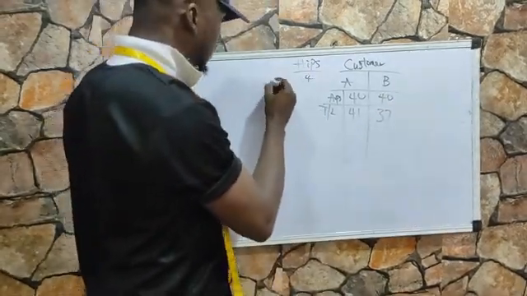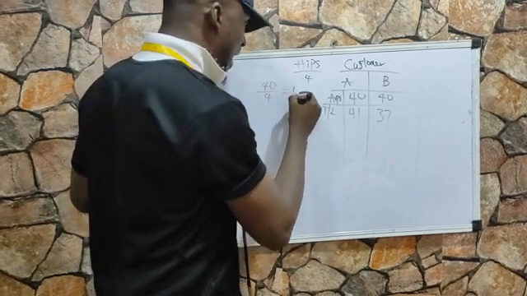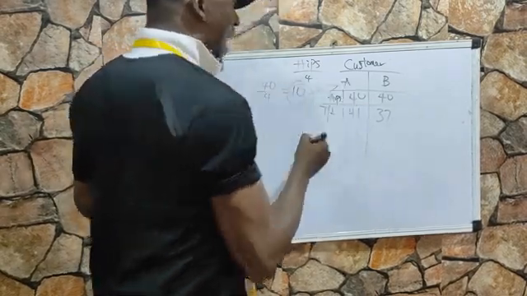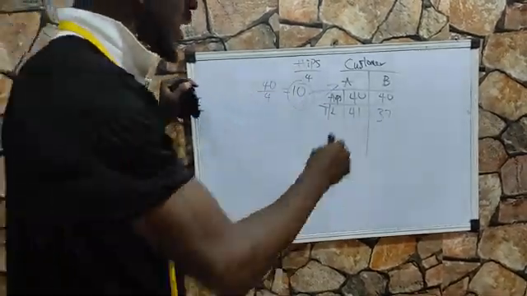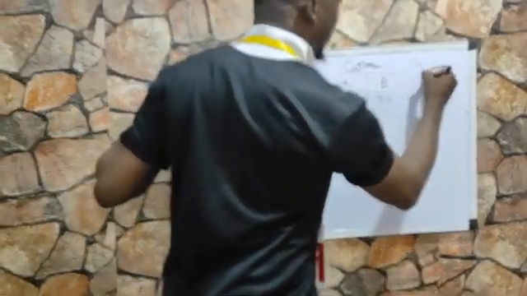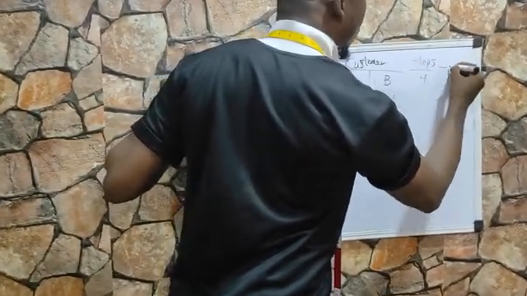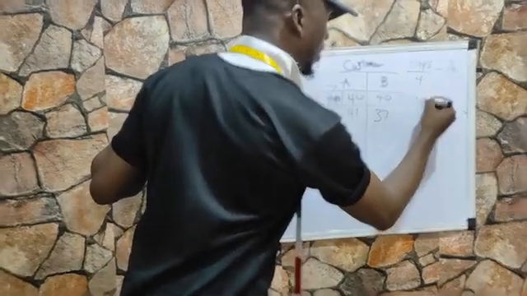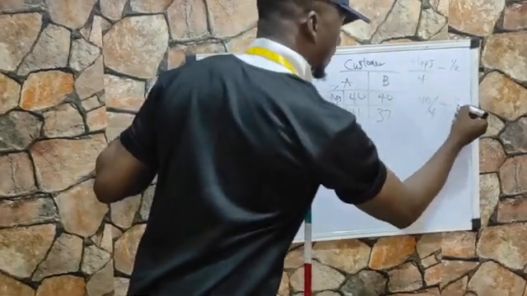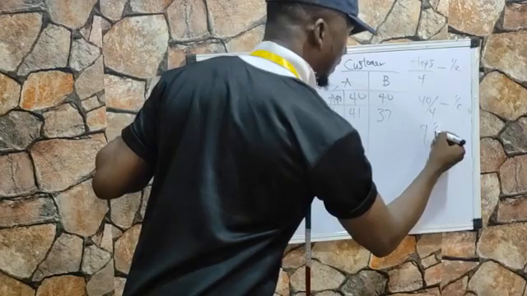Hip over 4, that's 40 over 4, you have 10. Now, for customer A, we have 10 inches for the person's crotch, but for customer B, we have the hip measurement over 4 minus half. Do you understand? Meaning 40 over 4 minus half, which gives you 9.5.